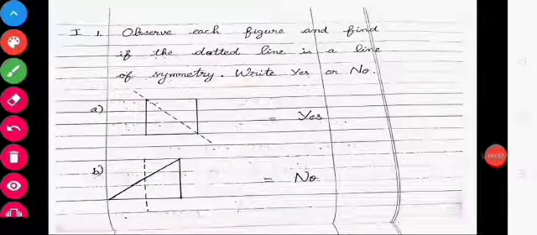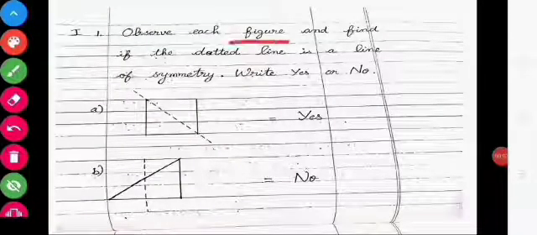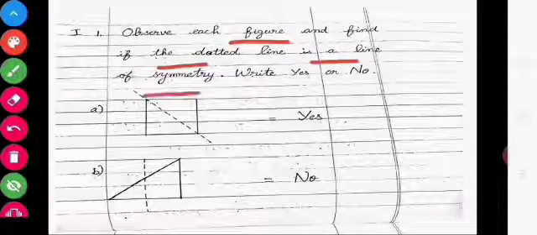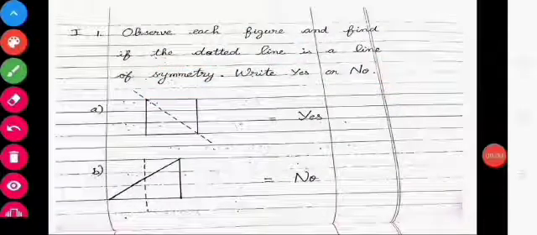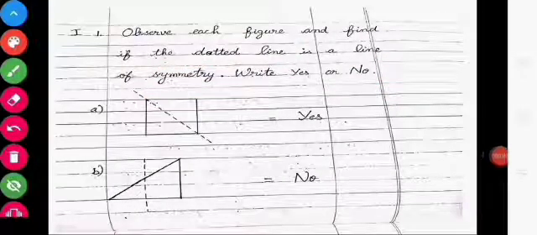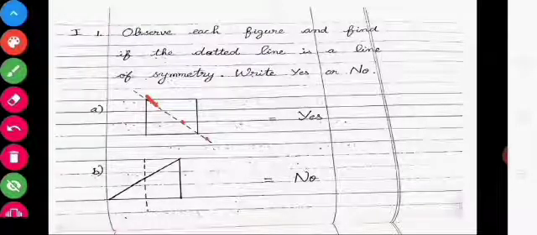See the example, observe each figure and find if the dotted line is a line of symmetry. Write yes or no. Look at figure A. The dotted line has divided the object into two parts of equal shape and size.